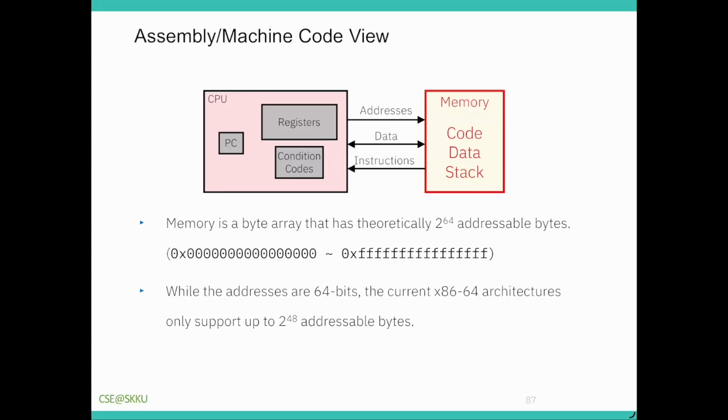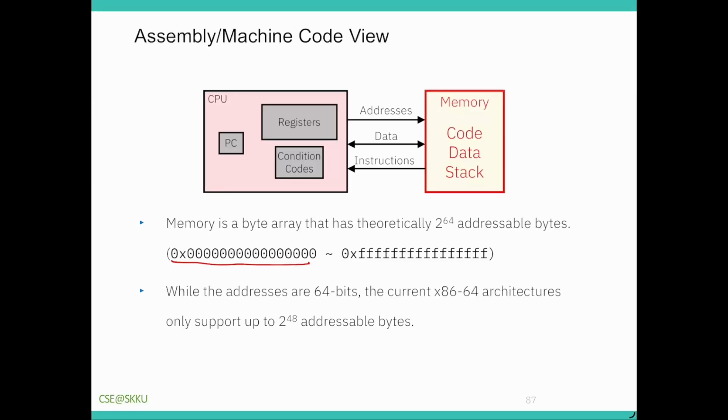All right, so memory. These are the RAM sticks that we put into our PC. We all know that memory stores data. Memory is kind of like a byte array that is theoretically 2 to the 64 addressable bytes in 64-bit computers. Each location of a byte is what we call the address of the byte.